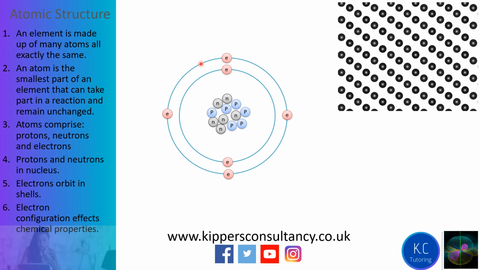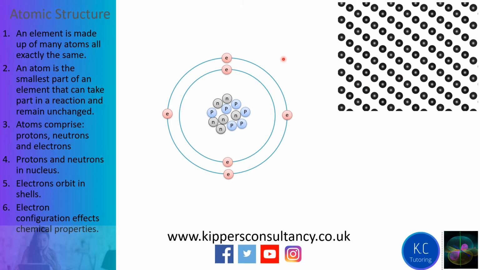Chemical reactions involve electrons in the outer shells of the atom. Understanding the electron configuration of an element is important in understanding its chemical properties. So, to summarize this slide, an element is made up of many atoms that all look exactly the same.